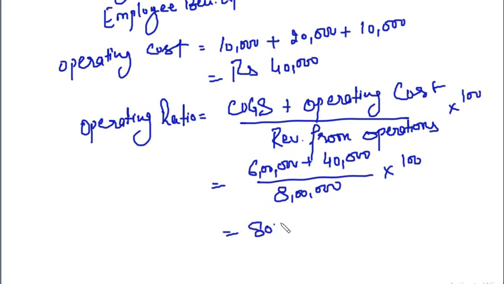This comes to 80%. Right? So friends, this is how we are going to calculate operating ratio, building a relationship between the cost of goods sold and operating cost, and how to recover this cost. We are going to recover this cost through the revenue from operations. Clear?